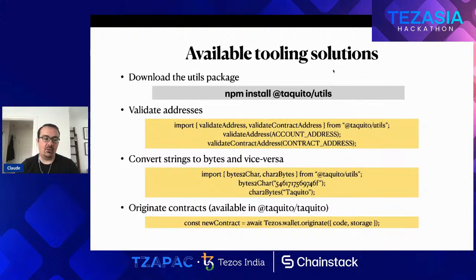There's an originate method, and you just need to pass the code of the contract and the initial storage. And then Taquito is going to originate the contract for you. You will also be able to track the operation and the inclusion of the operation in a block. So that's also something that can be interesting depending on your use case.